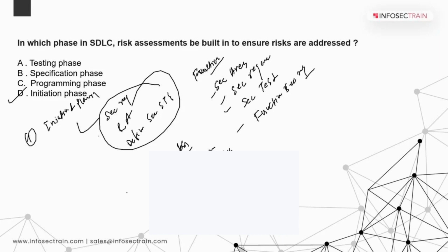Now your development and implementation, mainly development and implementation, what happens: we start developing the source code. You have to start finding your software quality, what is the reliability, what is the consistency of operation. Okay, you have to do code review, everything done in your development and implementation phase.